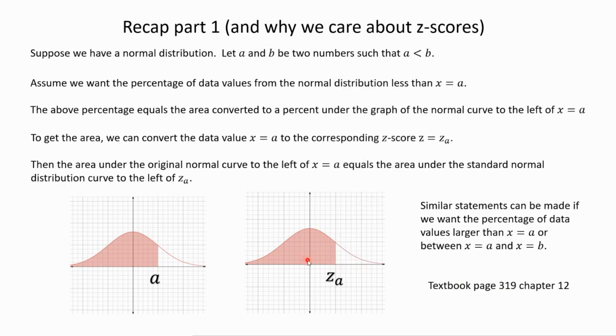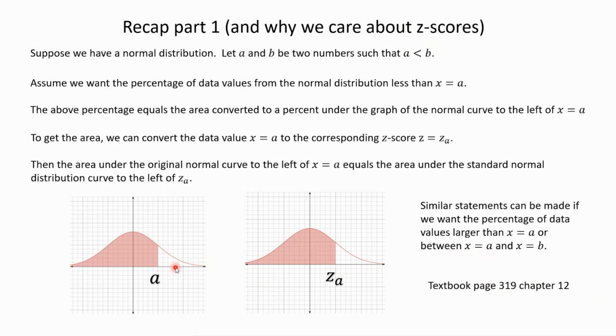And if you wanted the percentage of data values between A and B, where A and B are two data values, you would find the z-scores for A and B and get the area between the z-scores.